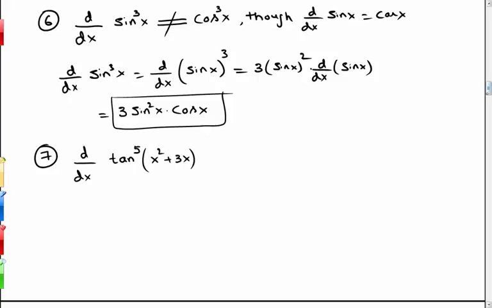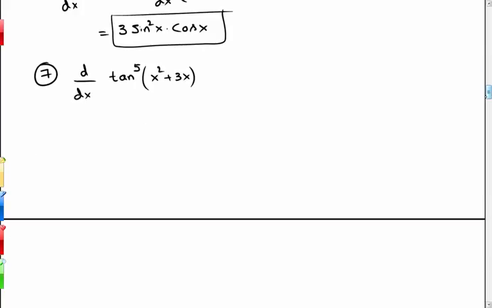Complicated enough? As soon as we see this, like I said before, this is a trig function being raised to a power of 5, a power other than 1. So that means we will look at this as d dx of tangent of x square plus 3x, the quantity raised to 5.